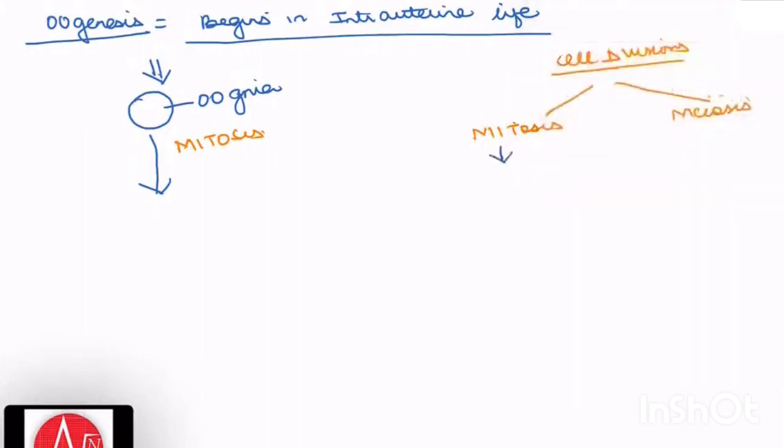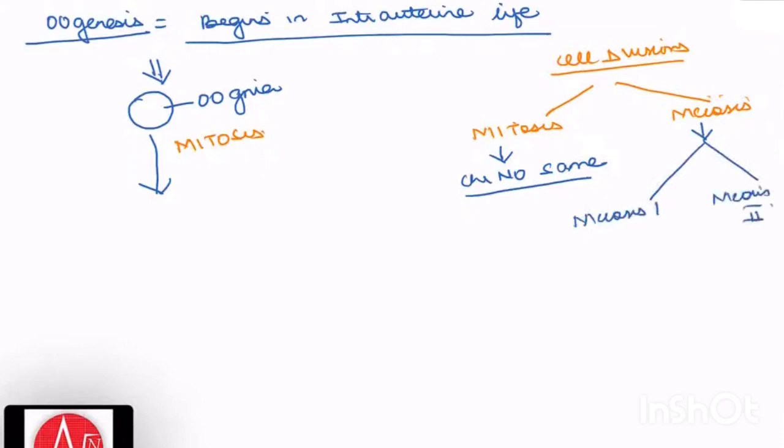After mitosis, chromosome number remains the same. In meiosis, we have meiosis 1 and meiosis 2. After meiosis 1, chromosome number becomes half.